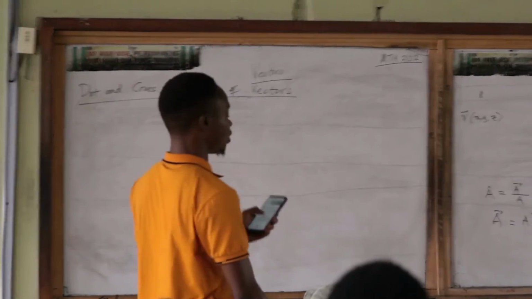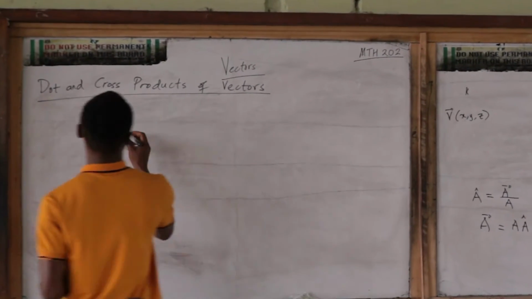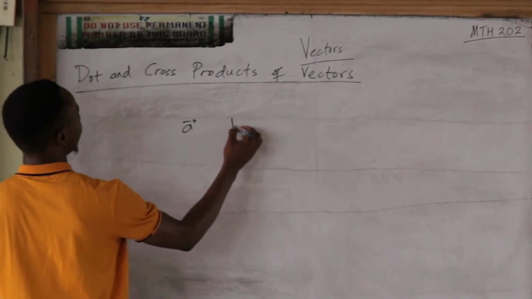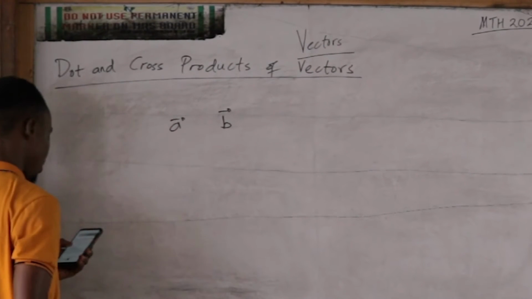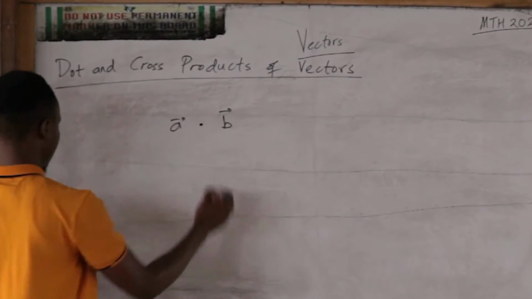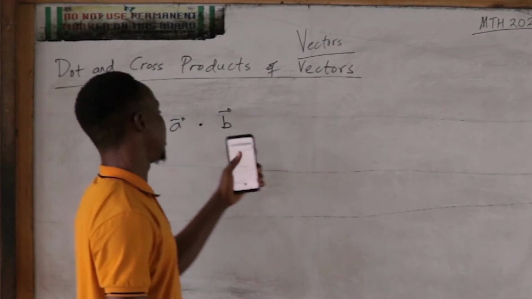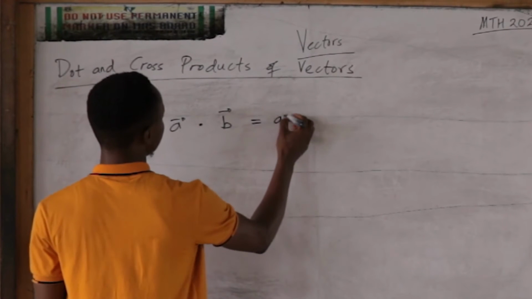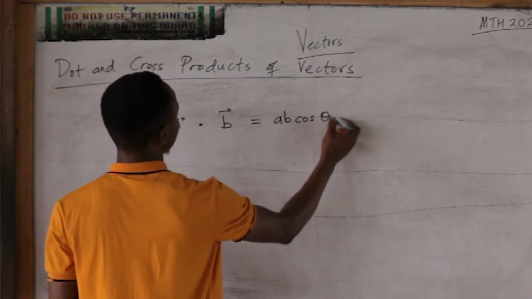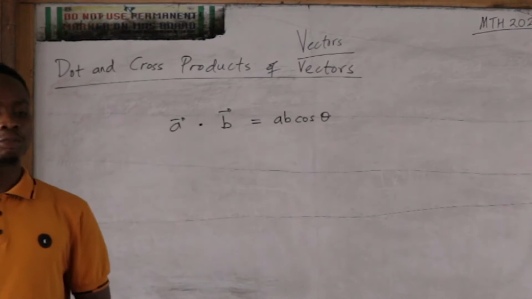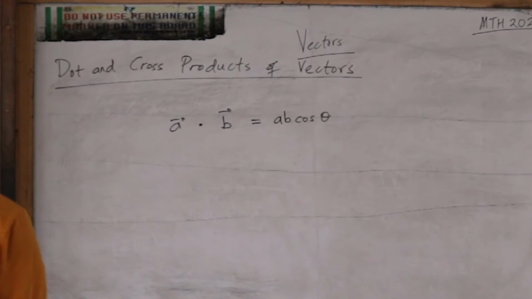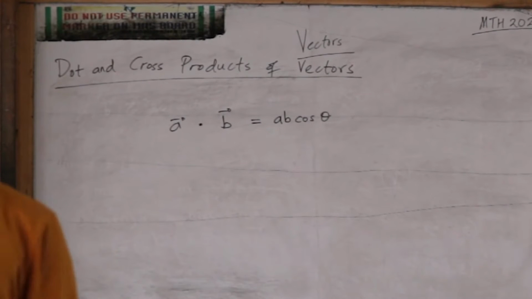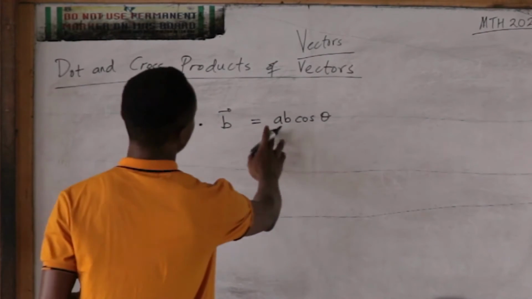The dot or scalar product of two vectors A and B is denoted by A dot B, and is defined as A dot B equals AB cos theta.